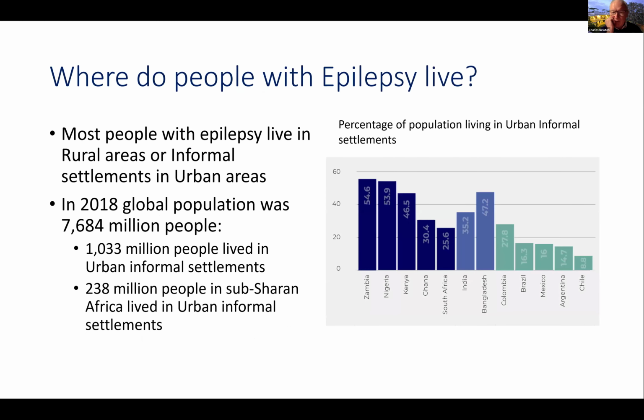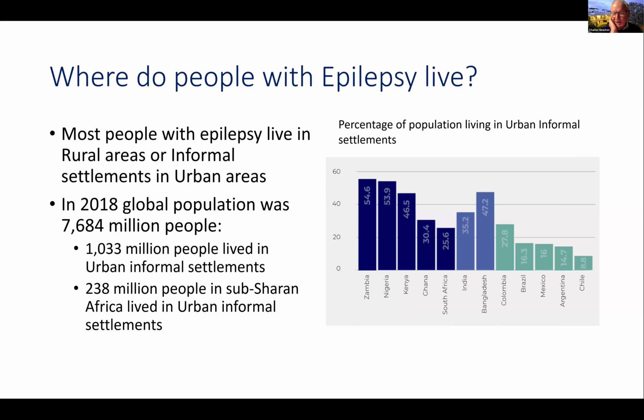So we do have a problem in resource poor countries, in that there is an increase in the number of people living in urban settlements. This is data from a report which suggested that in 2018, of the 7.5 billion people in the world, over 1 billion people were living in urban settlements, and about a quarter of these were living in Africa.